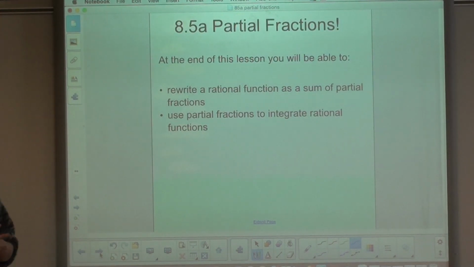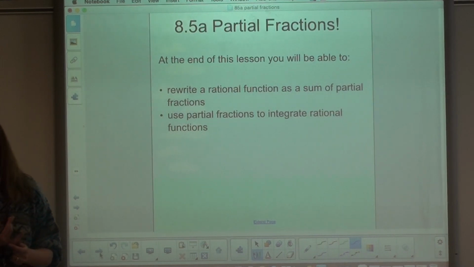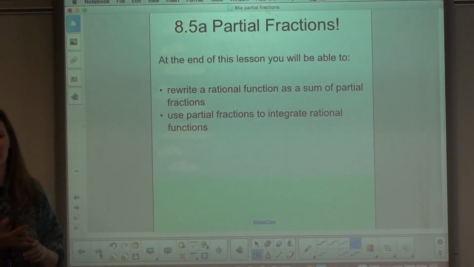All right, so today we're going to learn partial fractions. This is section 8.5 part A. Tomorrow we're going to do 8.5 part B. Right? Okay. So tomorrow's just a continuation of today. It's doing partial fractions, if I remember right, with some definite integrals and maybe a few other little things, but it's a lot of review of what we're doing today.